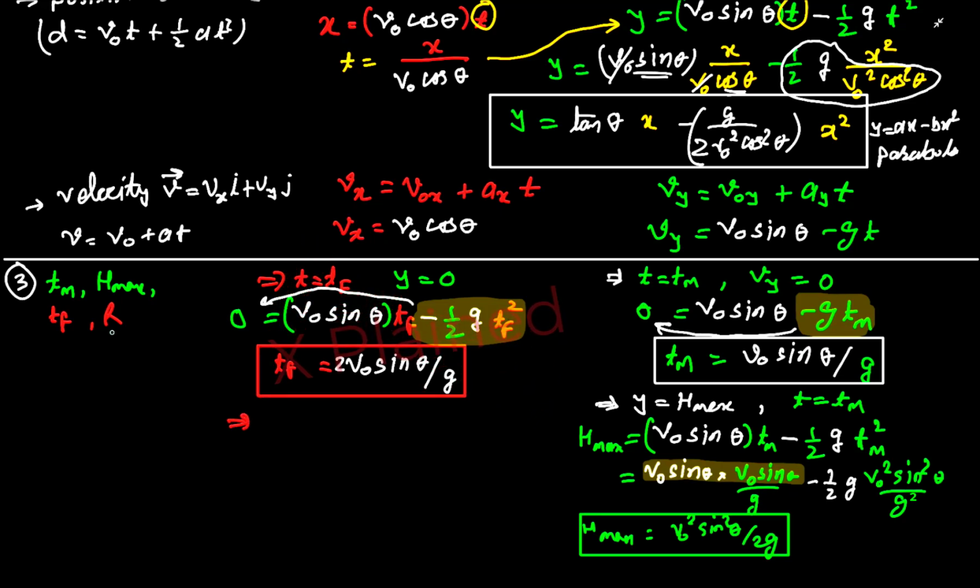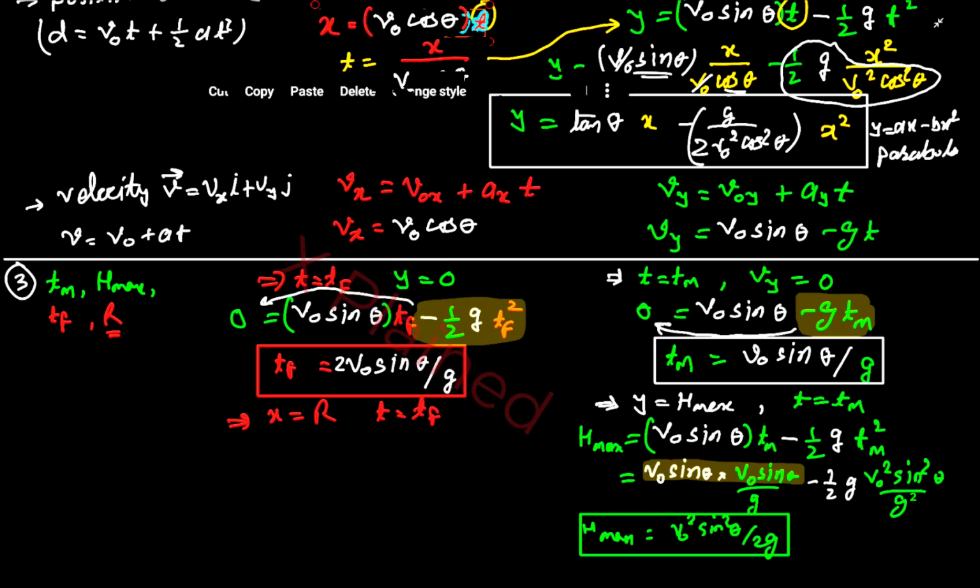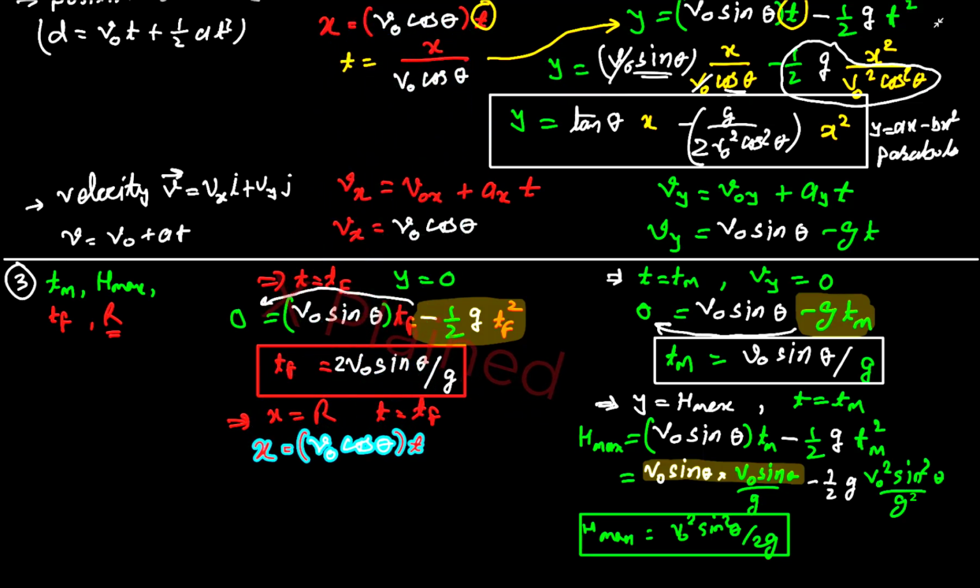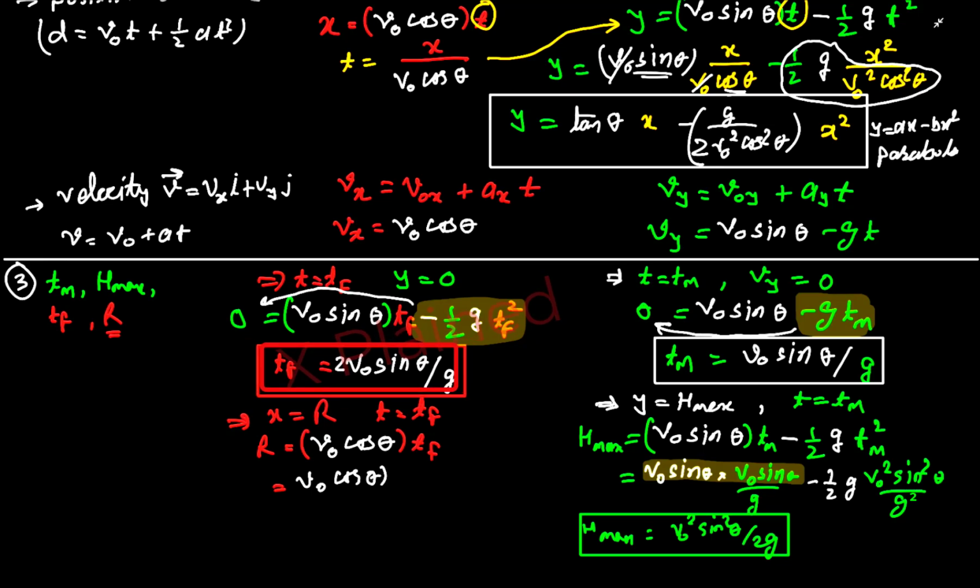And finally, to get range, which is distance covered in x direction during t equal to tf time, can be found using the equation of x. We just have to substitute values. Your x is nothing but range and time is time of flight. So let's substitute the value of time of flight, which we found as 2 v0 sin theta by g.